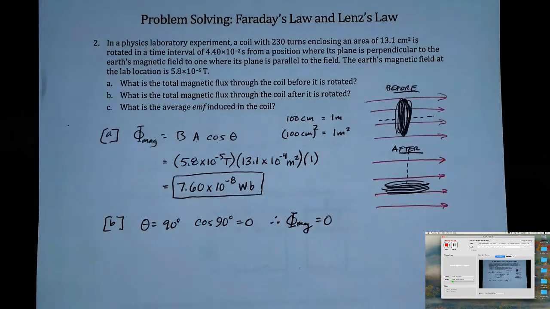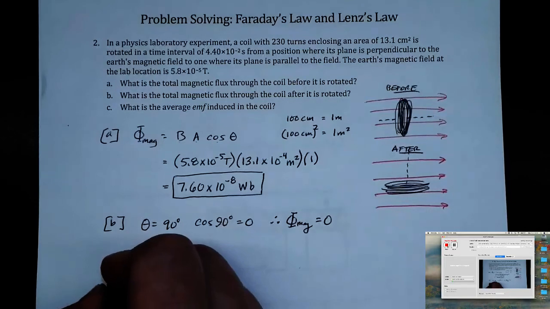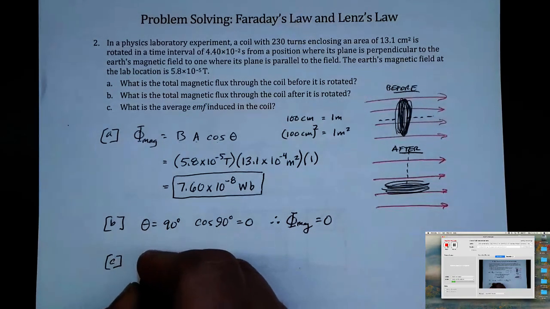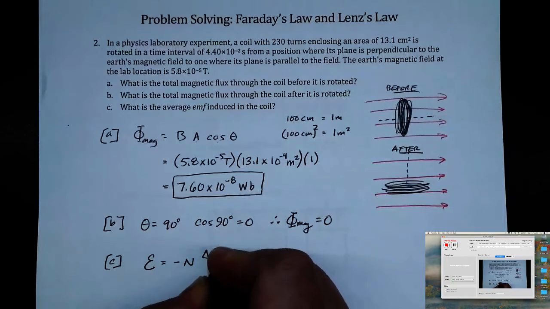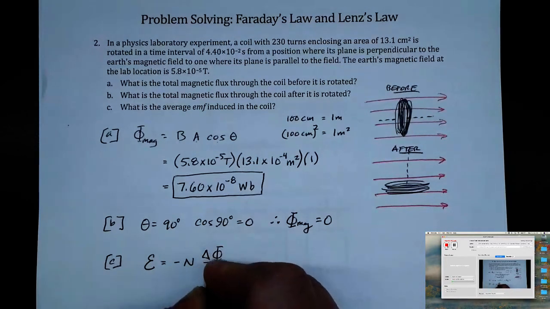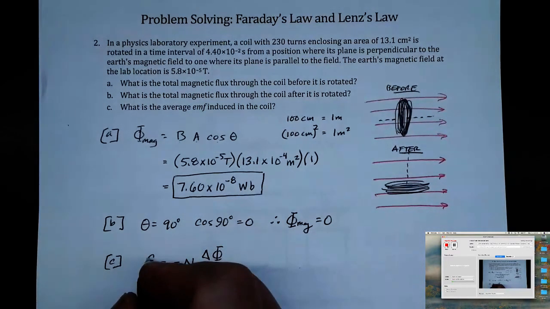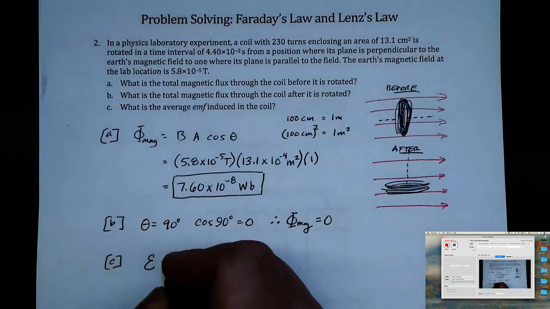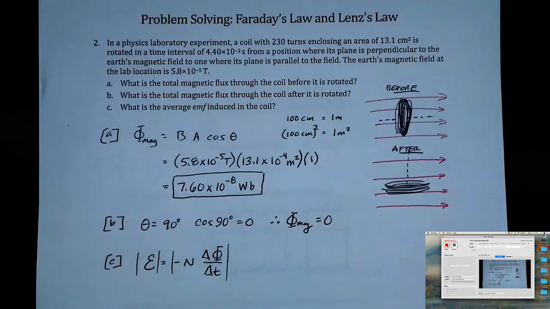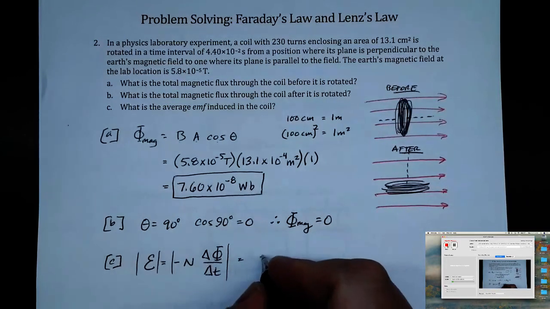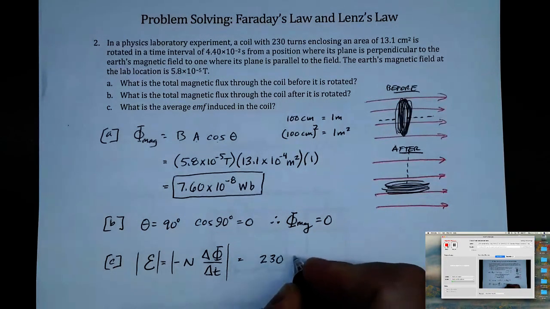Finally, what's the average EMF induced in the coil? The average EMF, according to Faraday's law, is minus N times the change in flux with respect to time. Again, we're just looking for the magnitude, so I'm going to just do absolute values here. I have 230 turns.